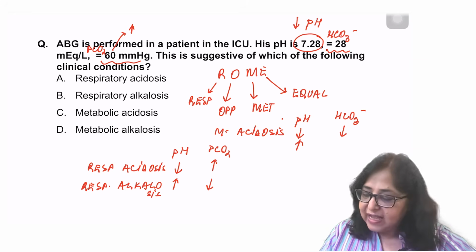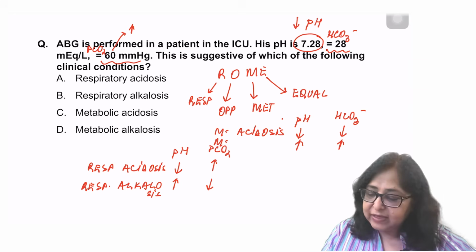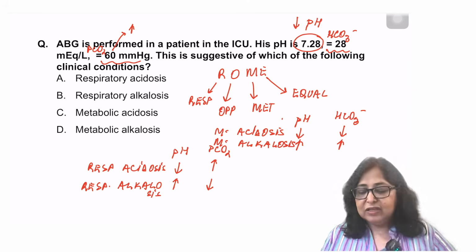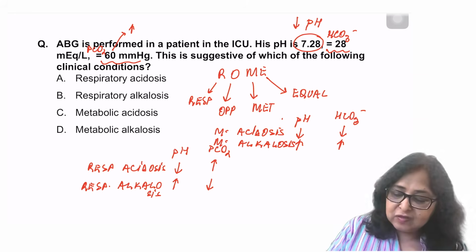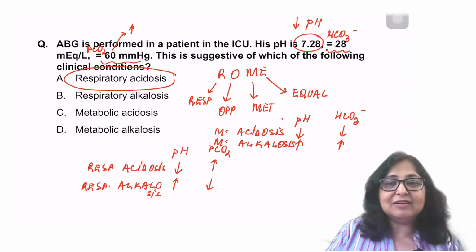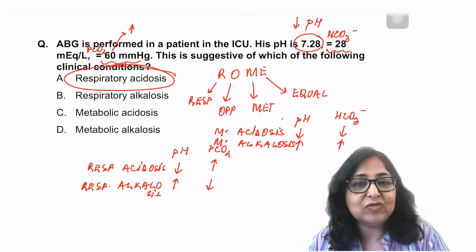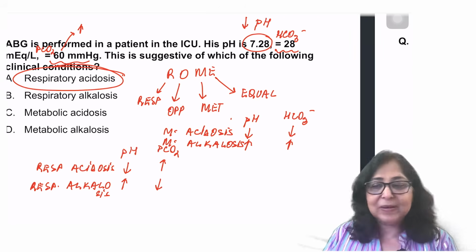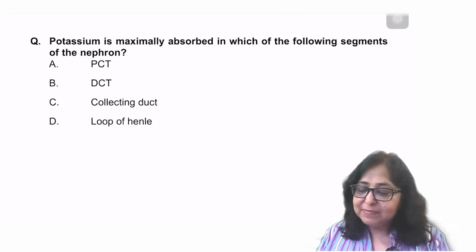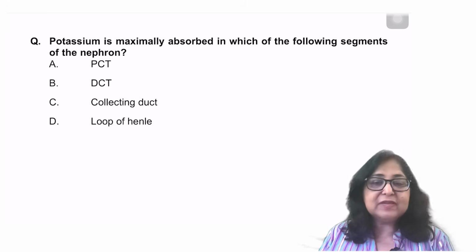If pH is high and bicarbonate is high, we call it a metabolic alkalosis. So in this case, pH is low and PCO2 is high, so this is going to be a respiratory acidosis. So please remember ROME. Respiratory opposite, metabolic equal.